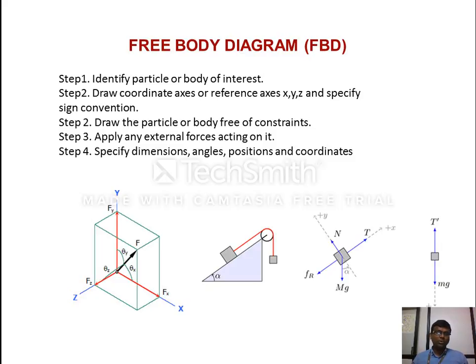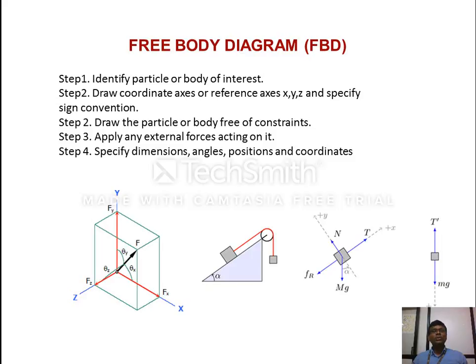The first step to draw a free body diagram is to identify the particle, body, or body of interest, draw the coordinate axis or reference axis x, y, z, and specify the sign convention. It is very important that you specify which direction you are assuming as positive for force and which direction as positive for moment. Draw the particle or body free of constraint, so first you should remove all the constraints.